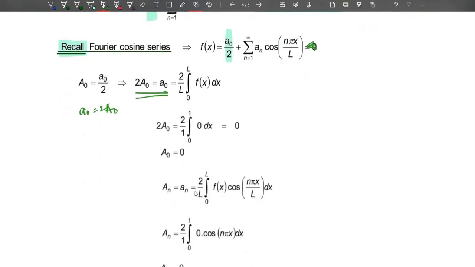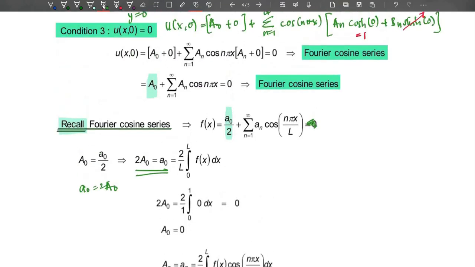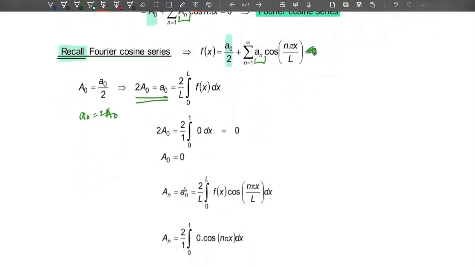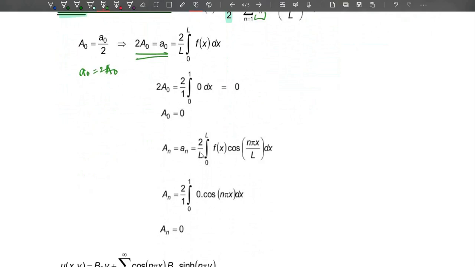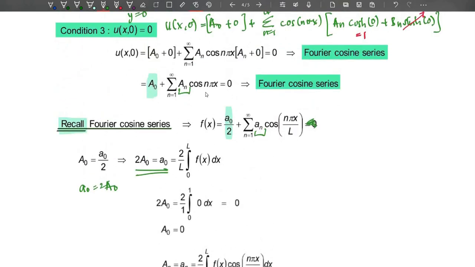Capital letter An here is equal to small letter an. As you can see, this An is equal to this an, so we just need to use the same formula. So an is equal to 2 over L, so 2 over 1 integrate 0 to 1, because this function here is equal to 0.